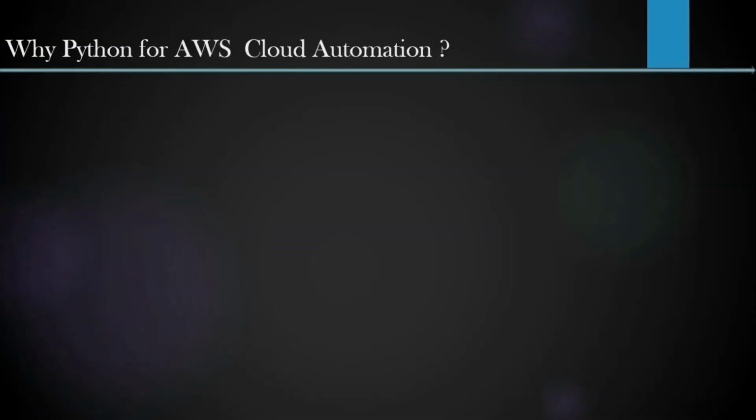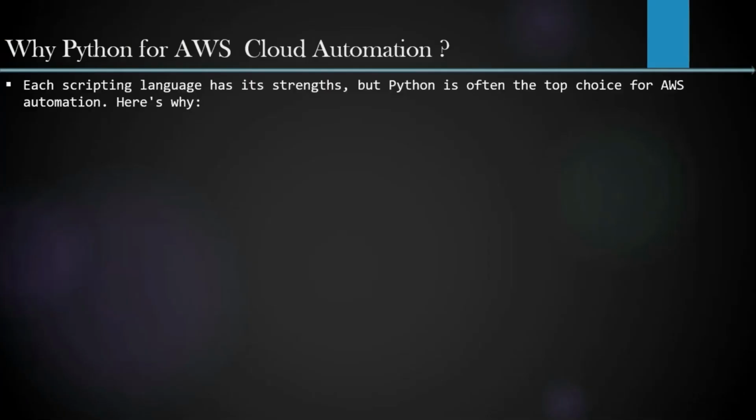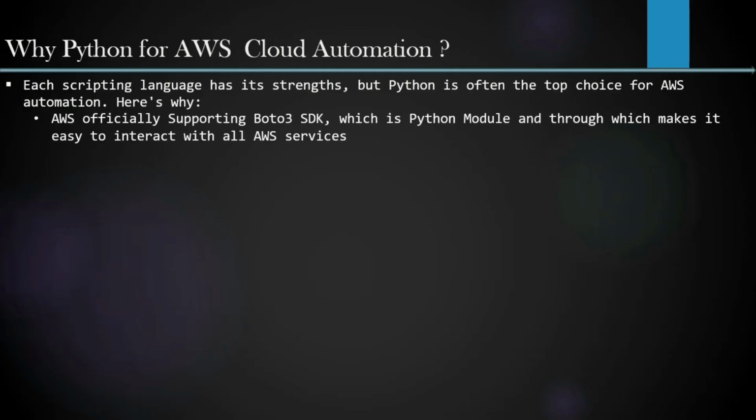That's fine. But why Python for AWS cloud automation? Each scripting language has its strengths, but Python is often the top choice for AWS automation because AWS officially supports the Boto3 SDK. SDK means software development kit. Simply, Boto3 is the Python module using which we can easily execute any required operation, or easily interact with all AWS services.